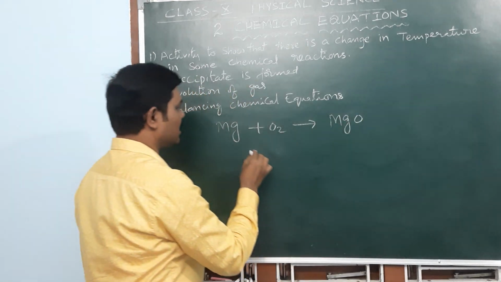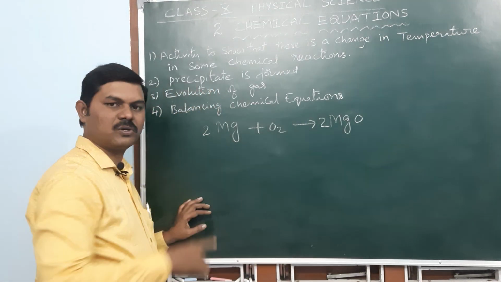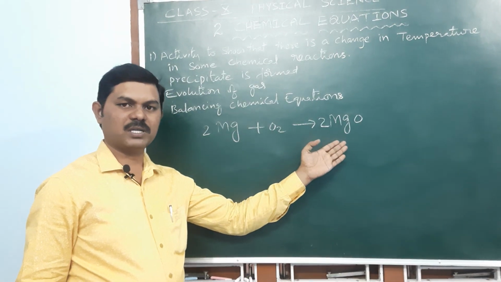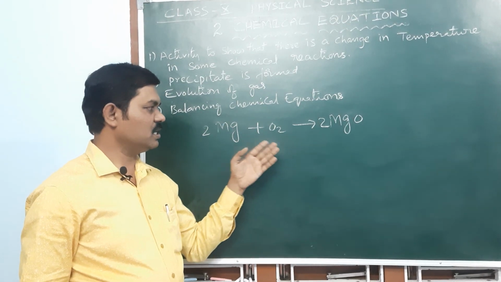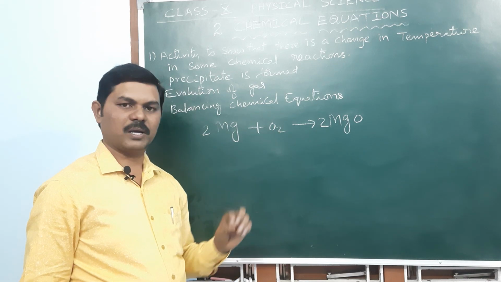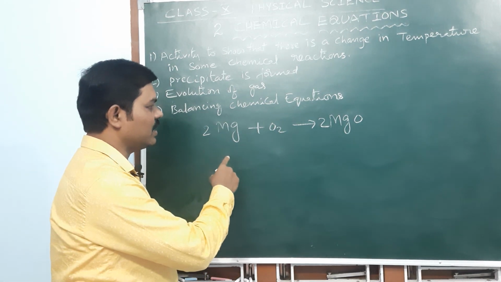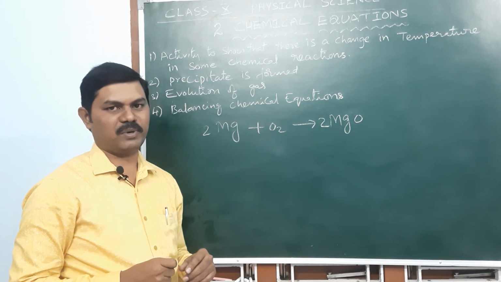In order to balance the equation, we write 2Mg + O2 → 2MgO. So this is a chemical equation. The formation of magnesium oxide from magnesium and oxygen is expressed in terms of symbols and formulae. So the shorthand representation of a chemical reaction using symbols and formulae is known as a chemical equation.